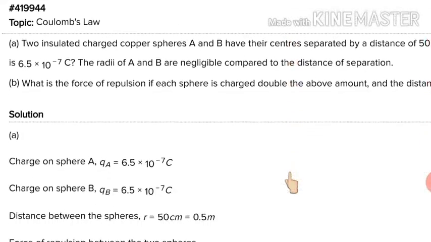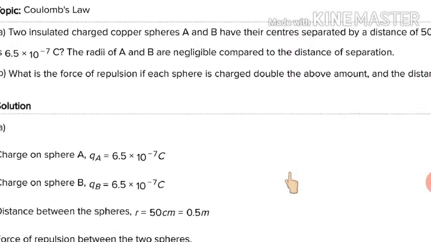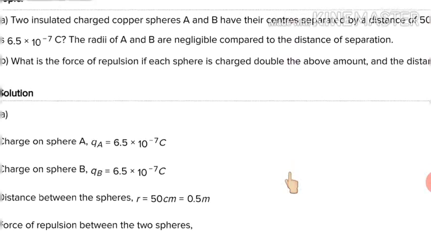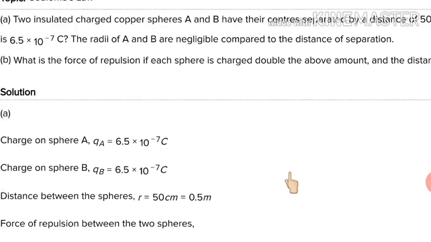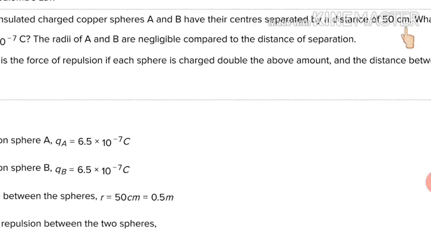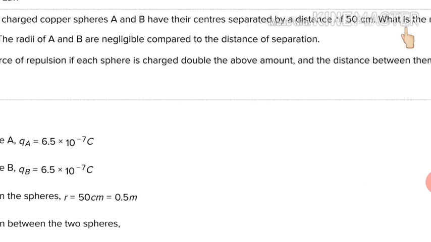Okay, next question is this. Two insulated charged copper spheres A and B have their centers separated by a distance of 50 centimeter.